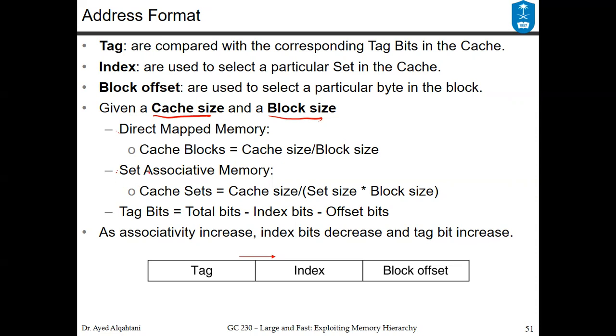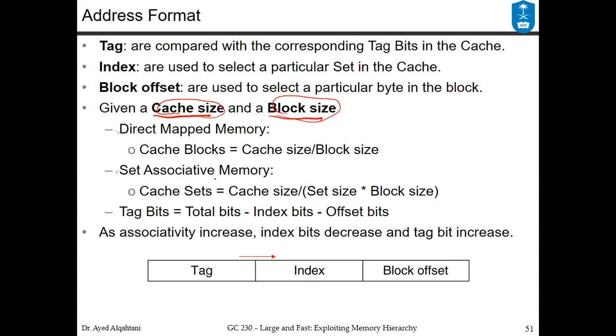So what you should know for the direct map cache: the cache blocks is equal to the cache size divided by the block size. And once you know how many cache blocks you have, then you know what the index bits are.